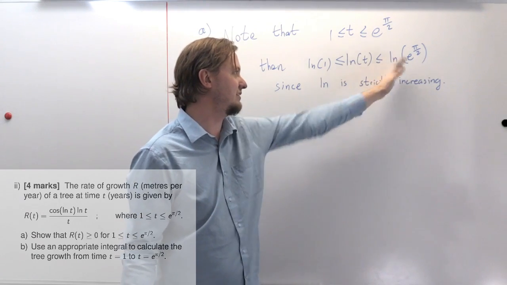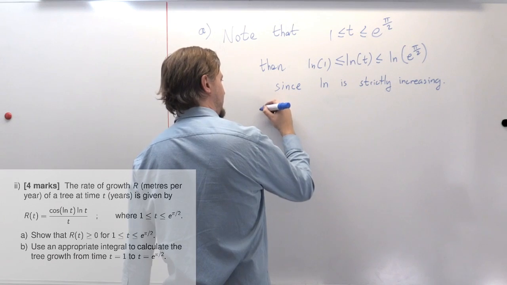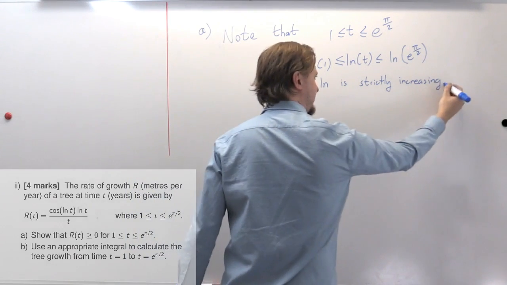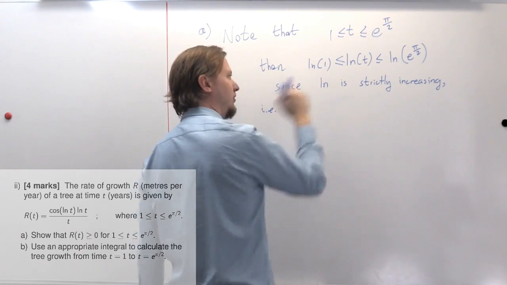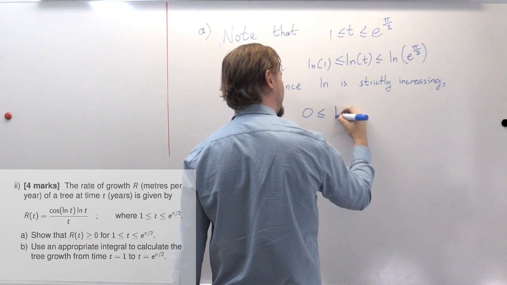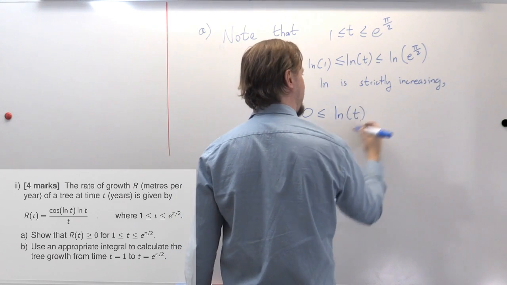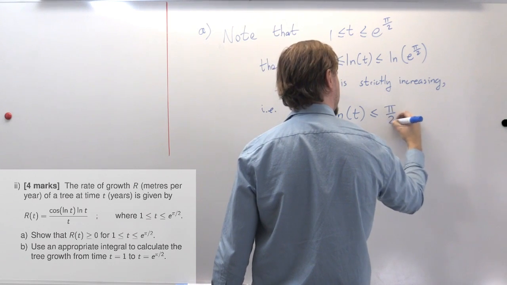So I'm getting that these are between these two values. Now, these values I can easily work out. The log of 1 I know to be 0. So the log of t is between 0 and pi over 2.